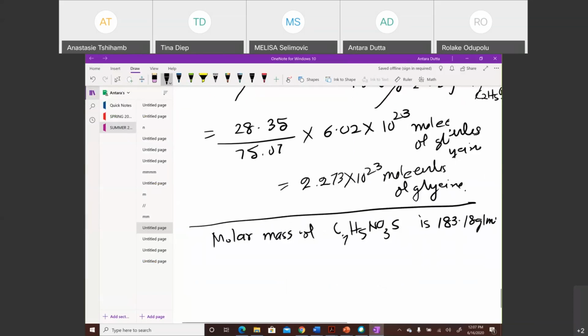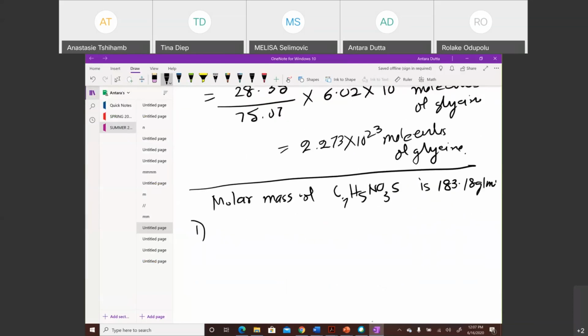So the question is how many, remember we are doing molecules only. You can do atoms for an element too, just telling you. If you are asked to calculate the atoms, you can do the same thing, but that should not be the molar mass of the compound, that should be just the molar mass of the element.